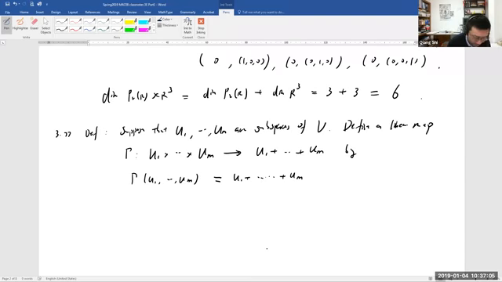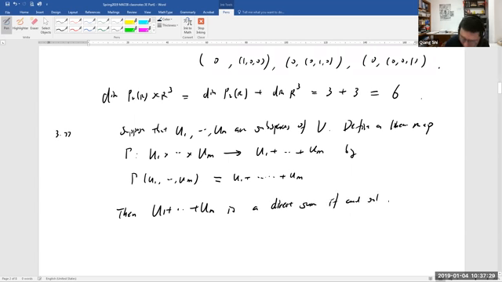But this is our definition here, and then what we are trying to claim is more like a theorem or proposition here. I don't know what we call that. The conclusion is the sum here is a direct sum if and only if this linear map gamma is injective.